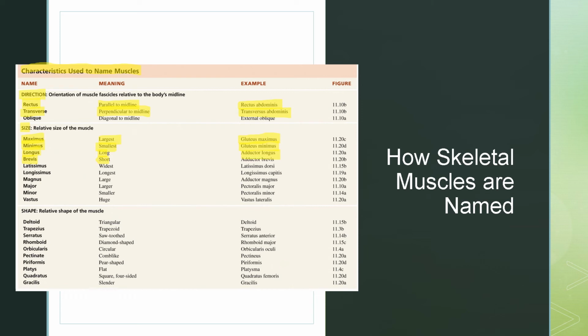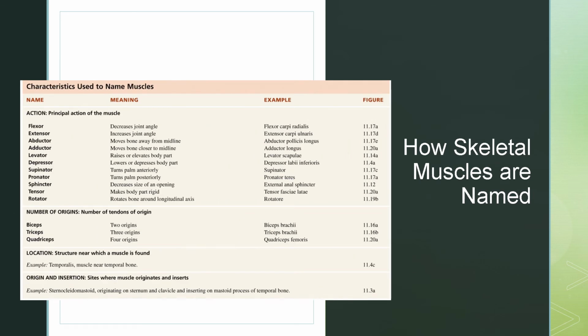So shape would be another one, deltoid being triangular, trapezius is trapezoid shaped. Lots of different examples here that you can use to study. Here are some other characteristics, the actions, so things like flexors and extensors.